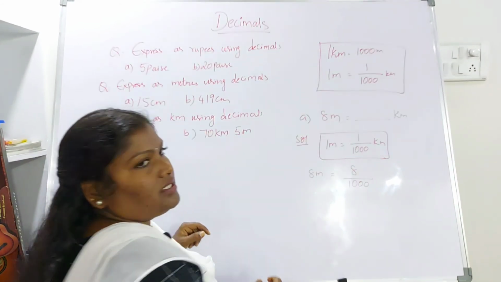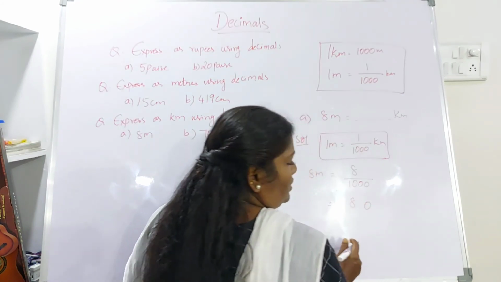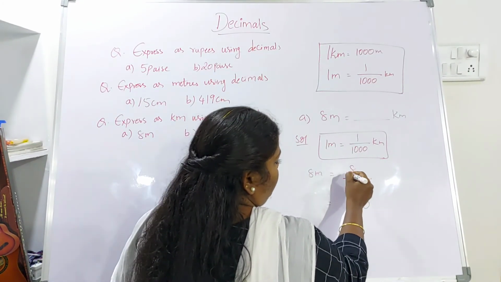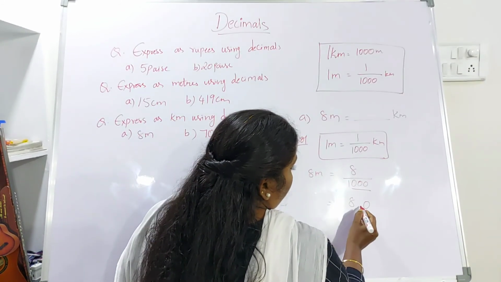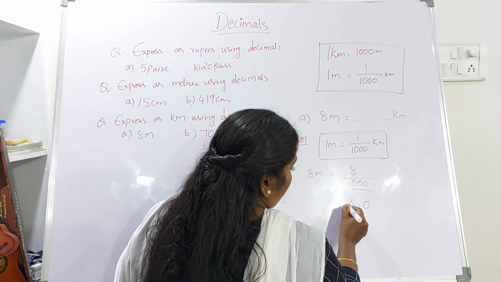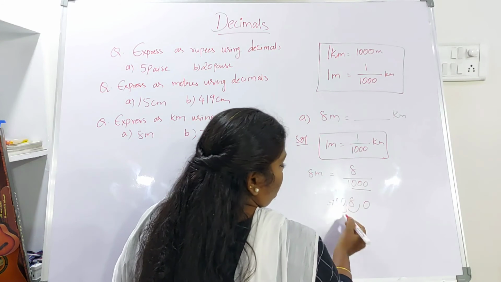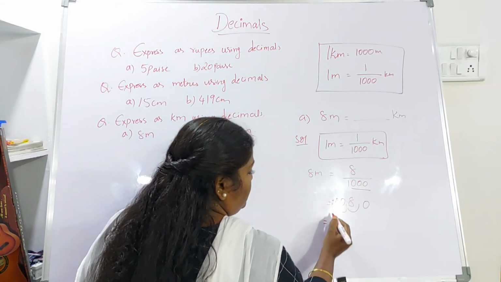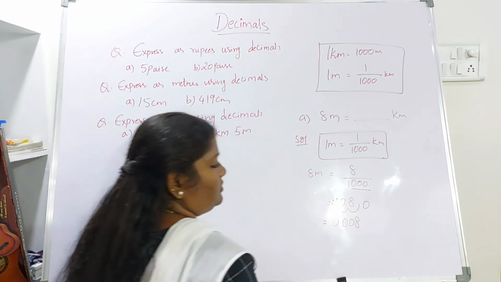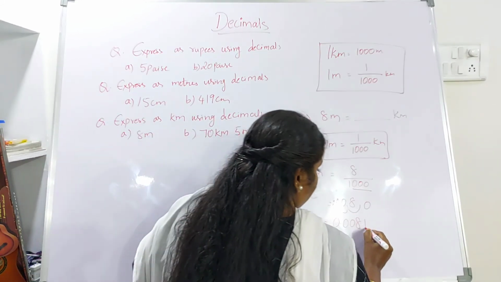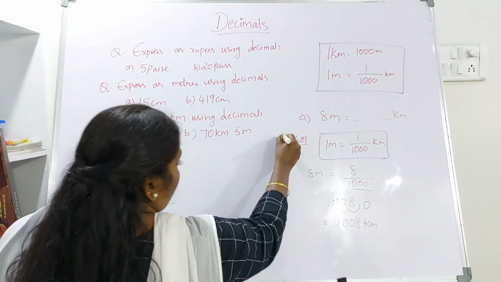Now 8 in the sense it is 8.0. Yes, in decimal fraction do remember if it is 8, 8.0. Now you have 3 zeros here, so the point will shift 3 places, 1, 2 and 3, and the empty spaces need to be filled with 0. So you are going to get 0.008 kilometers.